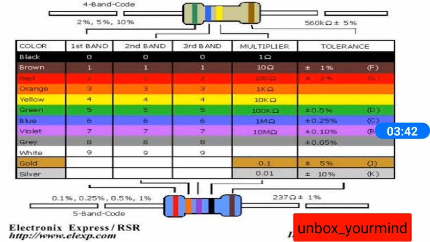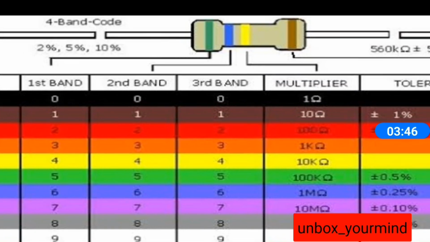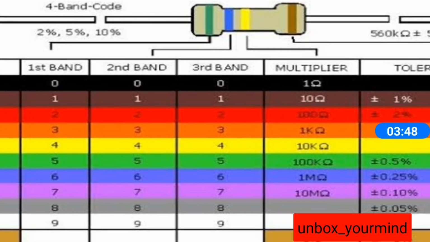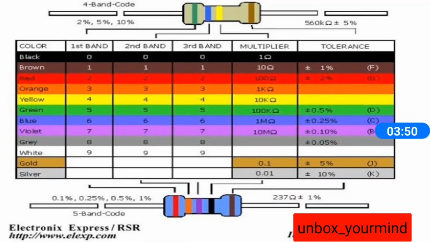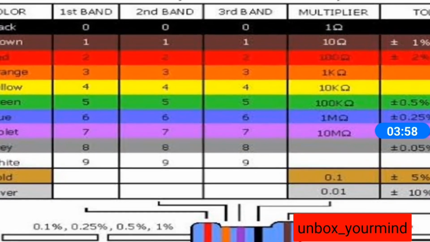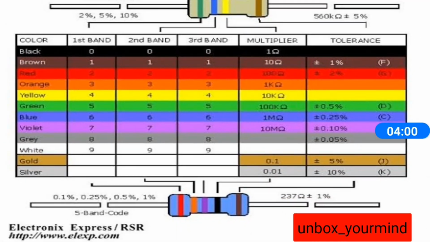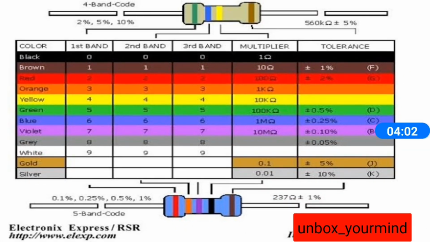The first band, the green band as you can see here, denotes the first digit, a single-digit number from 0 to 9. Here you have green for 5, then blue for 6, and then yellow.